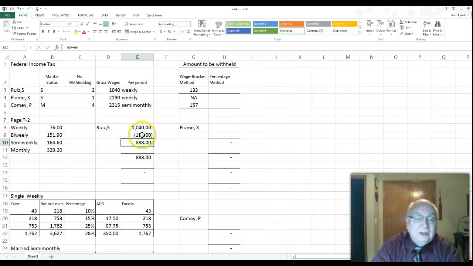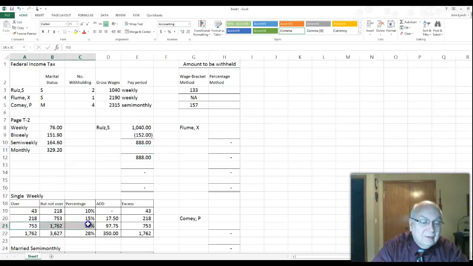Now you subtract those, it gives you 888. Then on the next page, you'll look at the single weekly table, and make sure you get the single, not the married, because they're side by side. And you look at 888, and you see that falls into this category right here. Okay, this is the line we want to use.